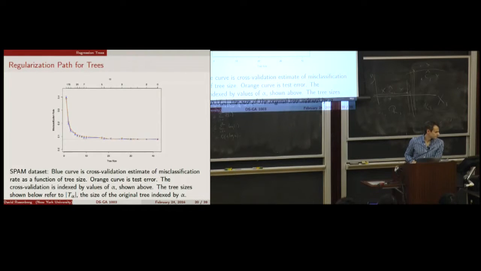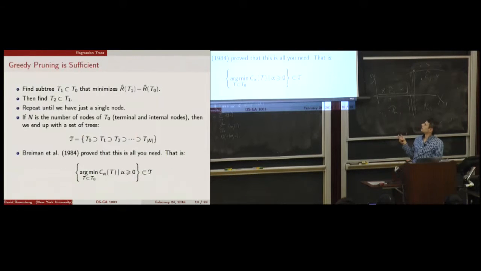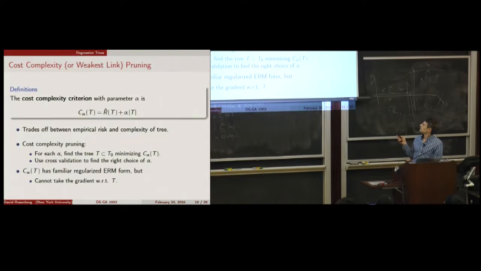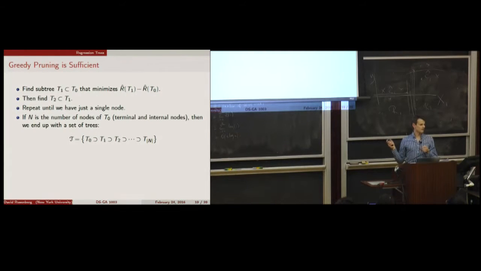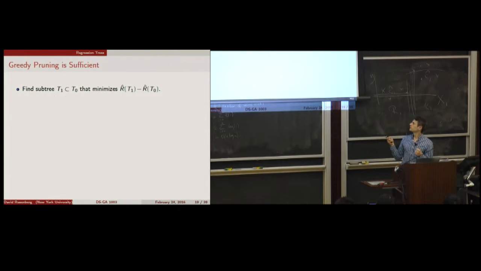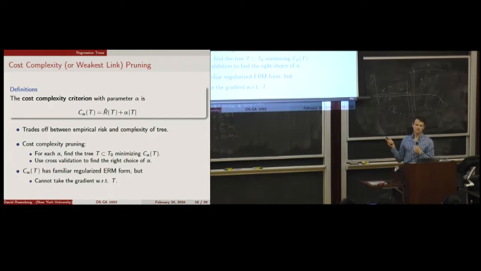How do they map back to alpha? So you know the number of nodes, you know the tree size. Good question. You pick alpha, and then you can go through this set of trees, and for each one of these trees, you look at the cost complexity criterion.